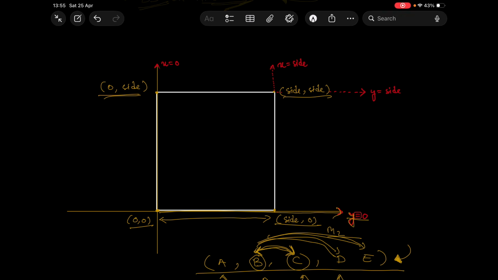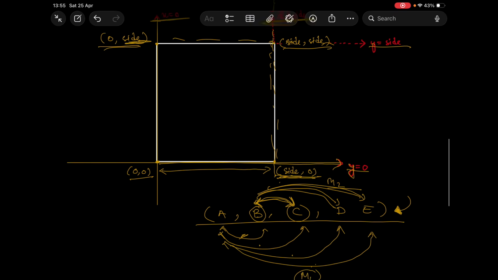In this line, the value of x is 0. On this side, x is side for all of them. In this line, y will be side. So this is the problem.